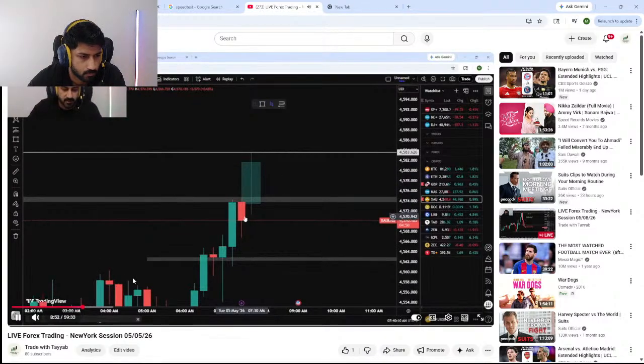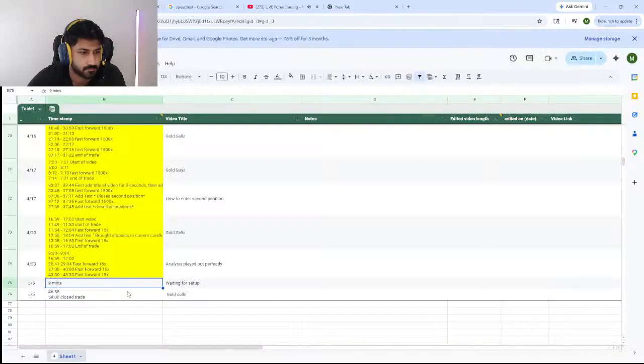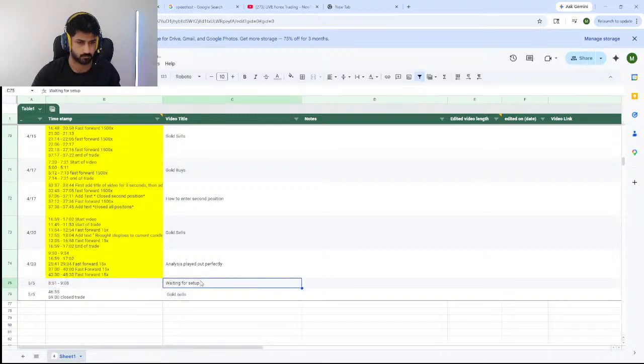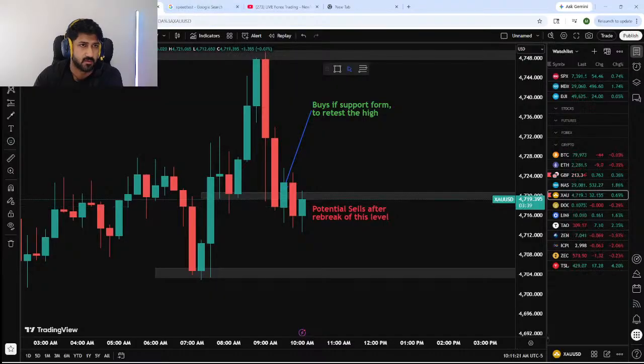So if this candle can close 851, $46.55.